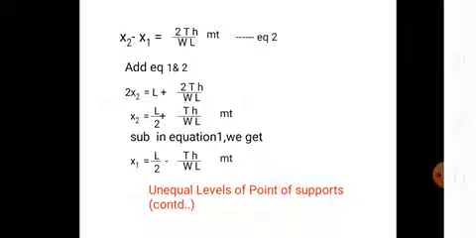Substituting this formula in equation 1 or 2, we get the value of x1: x1 is equal to L by 2 minus TH by WL.